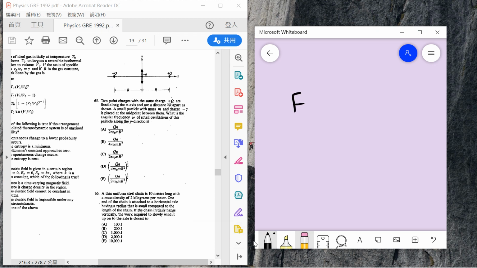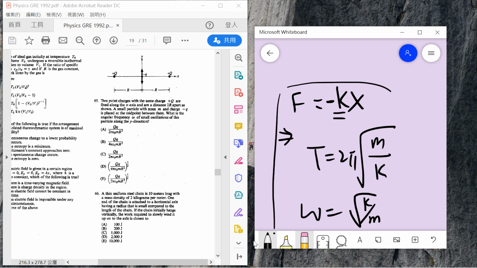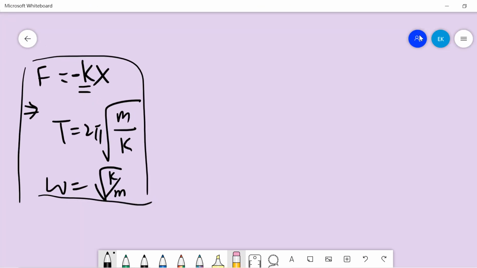Suppose that F equals minus kx, then I can get this k, and omega is the square root of k over m. We can use this way to find the answer. Okay, so let me do it.